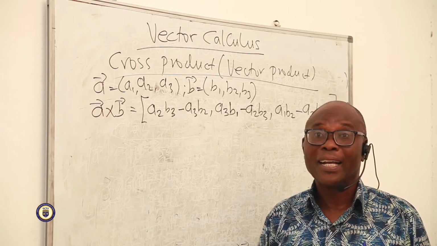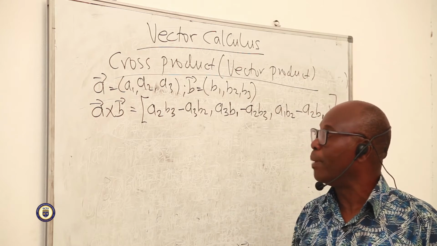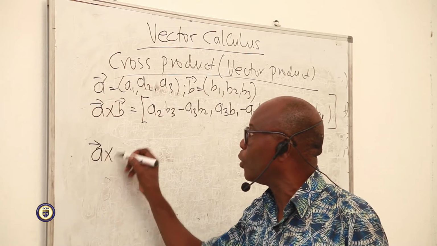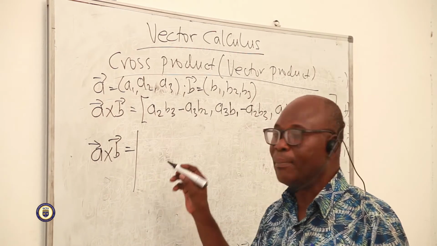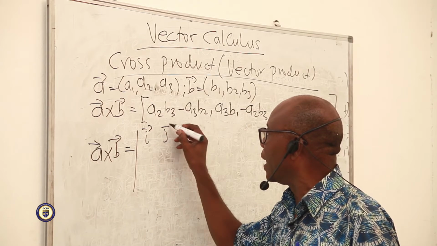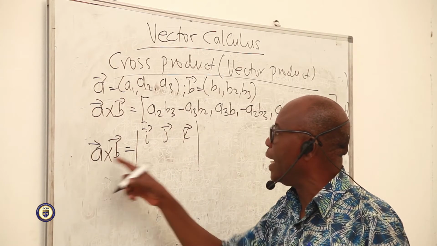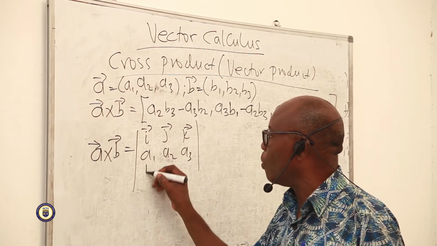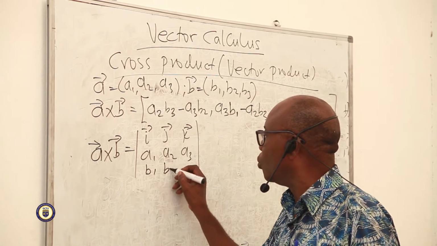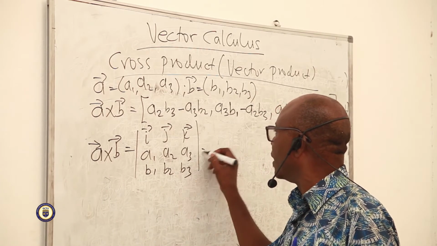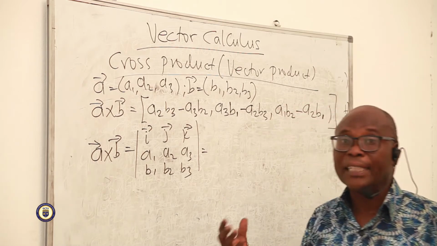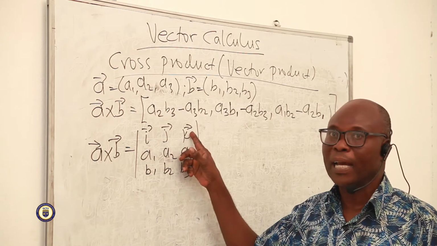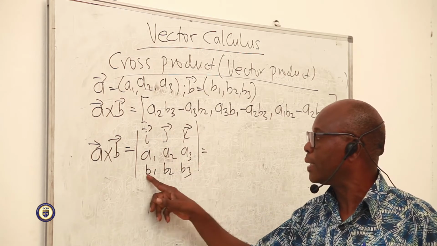We use the determinant with I, J, K in the first row, then the A components A1, A2, A3, then the B components B1, B2, B3. We know the sign table for determinants: plus, minus, plus, and so on.